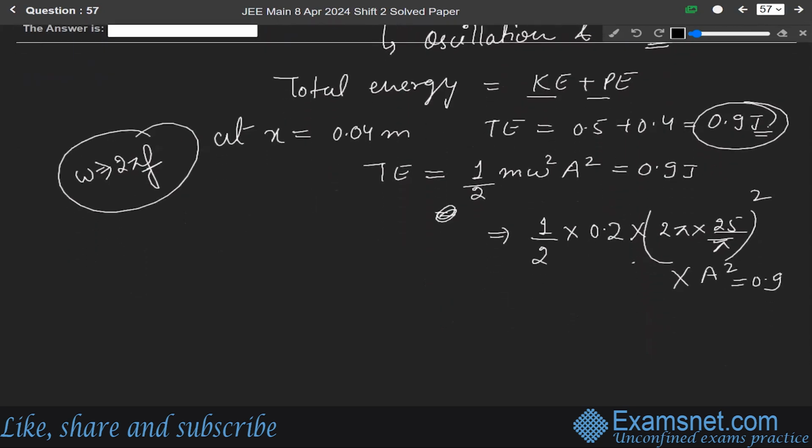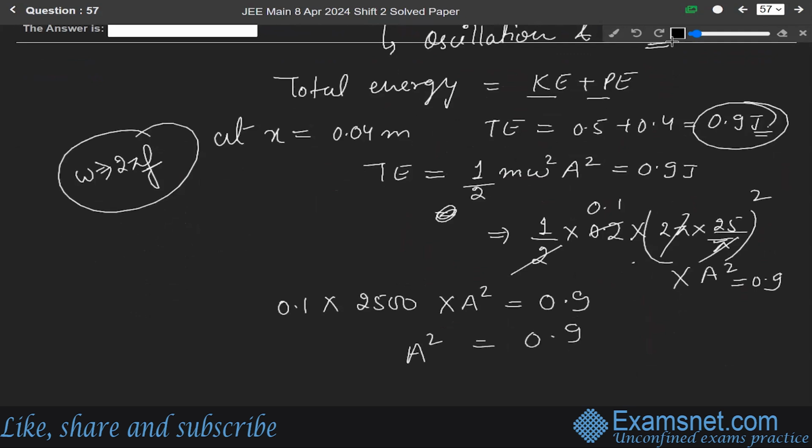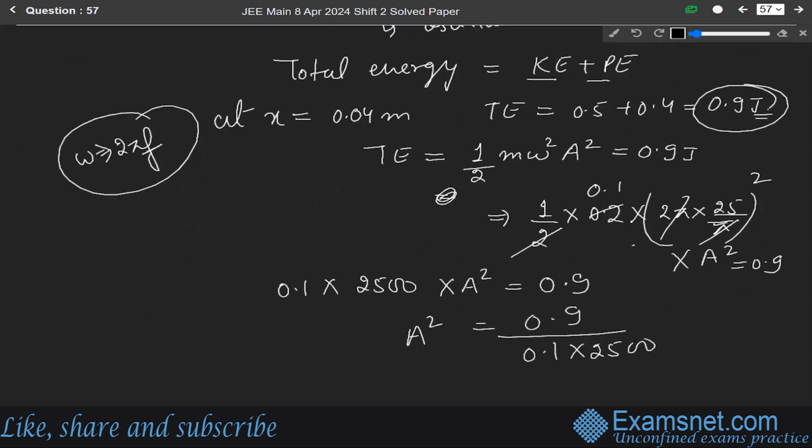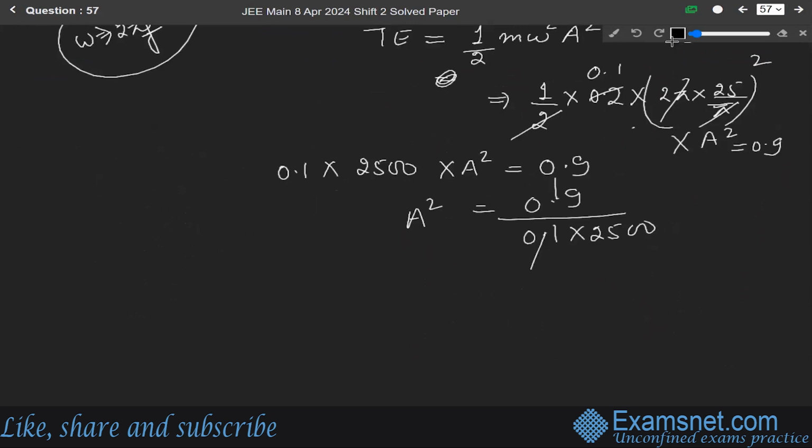Solving it, we get 0.1 into, this pi cancels, into 25 into 2 is 50, 50 square means 2500 into a square, it is equal to 0.9. So a square will be equal to 0.9 over 0.1 into 2500. This cancels out, so a square will be equal to 9 over 2500.